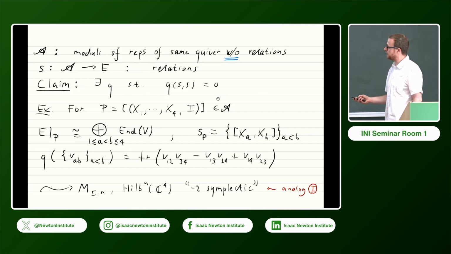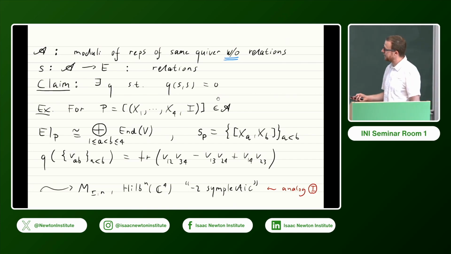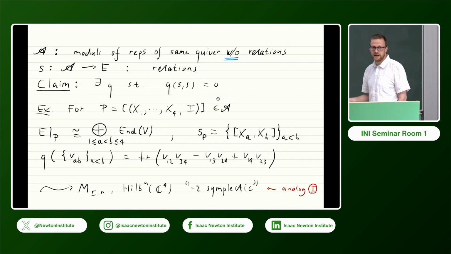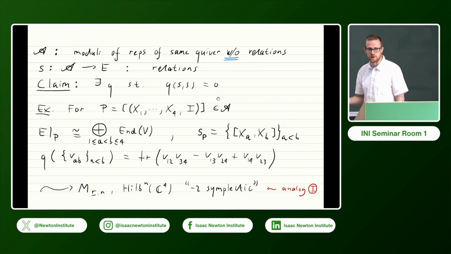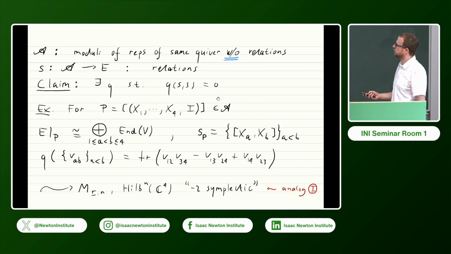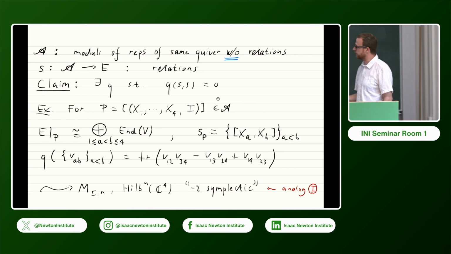And then the interesting part is that there's this quadratic form on the fiber. If we use fiber coordinates V_ab, you can look at the following form: trace of V12 V34 minus V13 V24 plus V14 V23. The point is, if you plug these commutators into this quadratic form, you get 0. This is very special to this Hilbert scheme of points on C4 case.